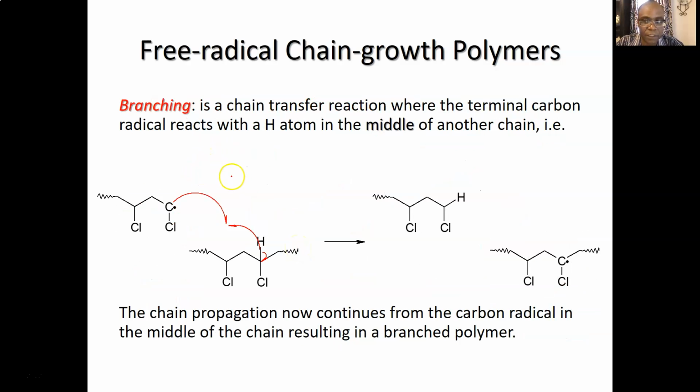Okay, the other way, oh, I think we're done with termination. So there could be unwanted side reactions that could happen. It's still some form of termination, but in this case a radical is being released. We usually don't want this to happen, but it might.